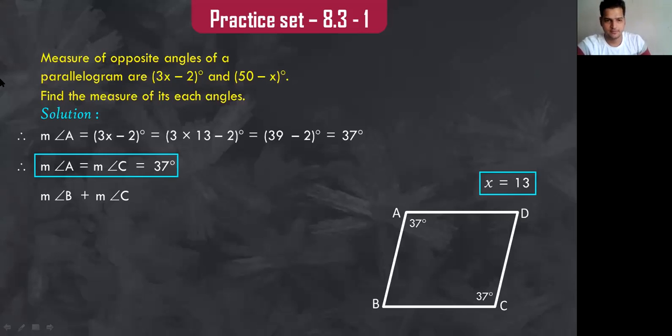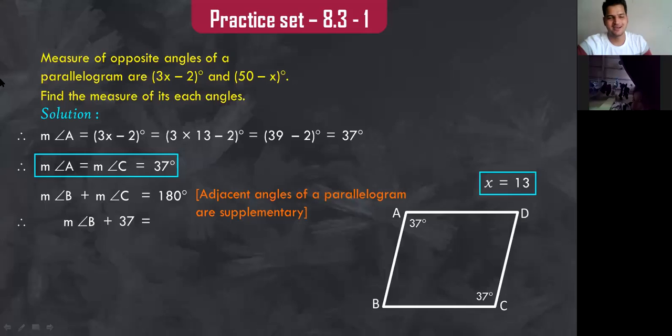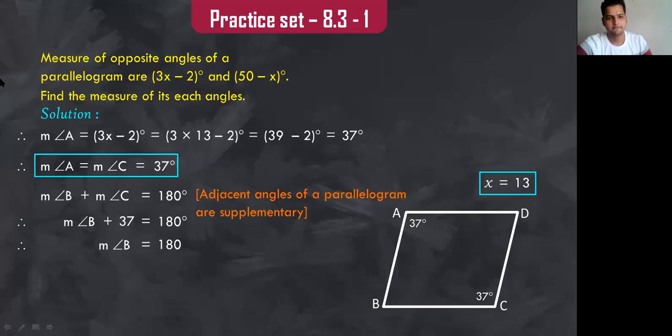So we can use the property that adjacent angles are supplementary. So angle B plus angle C is 180 degrees. Angle B will be as it is, and the measure of angle C is 37. 37 goes to the other side and becomes 180 minus 37, which is 143 degrees. Now which angle is remaining?